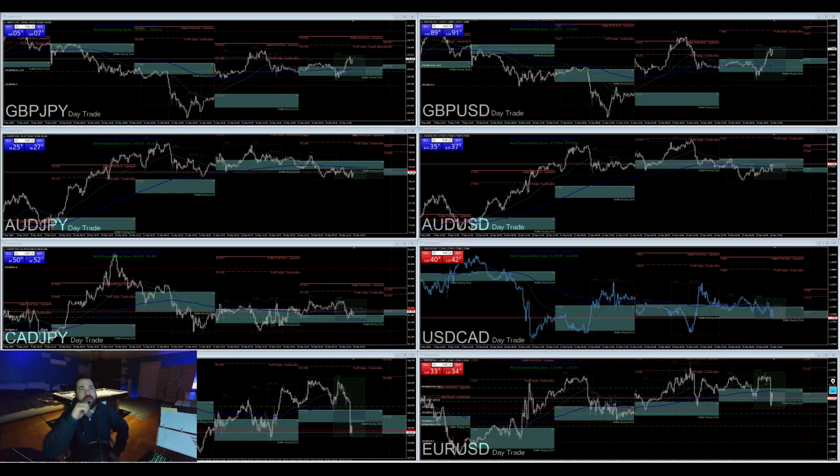So look at that, we have the pound heading up. We have the CAD heading down. We have the CAD yen heading up.